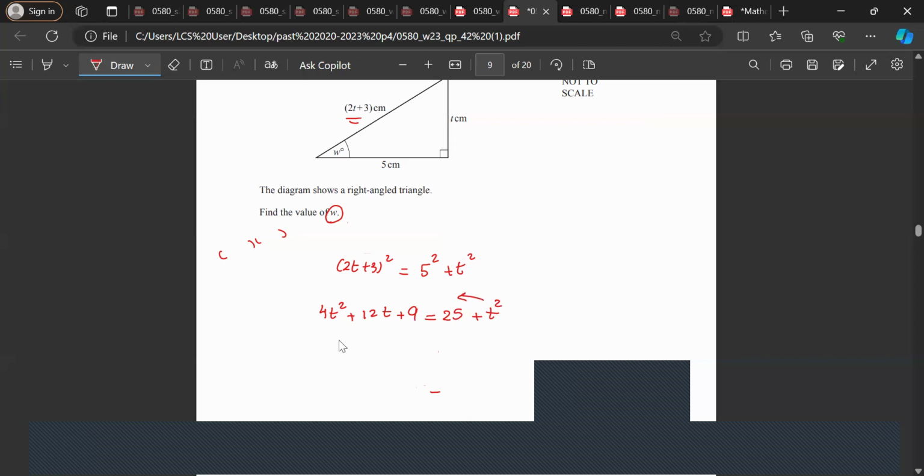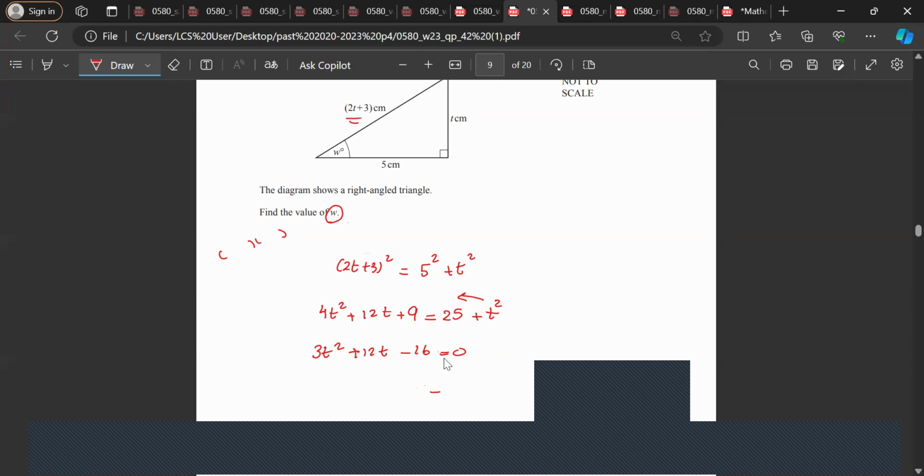Send this to the other side by minus, so it will be 3t squared plus 12t. Then send the 25 to the other side by minus. It will be minus 16 equals 0. Now I will do what? Mode 5, 3. I have 3, then 12, then negative 16. I will get t equal.